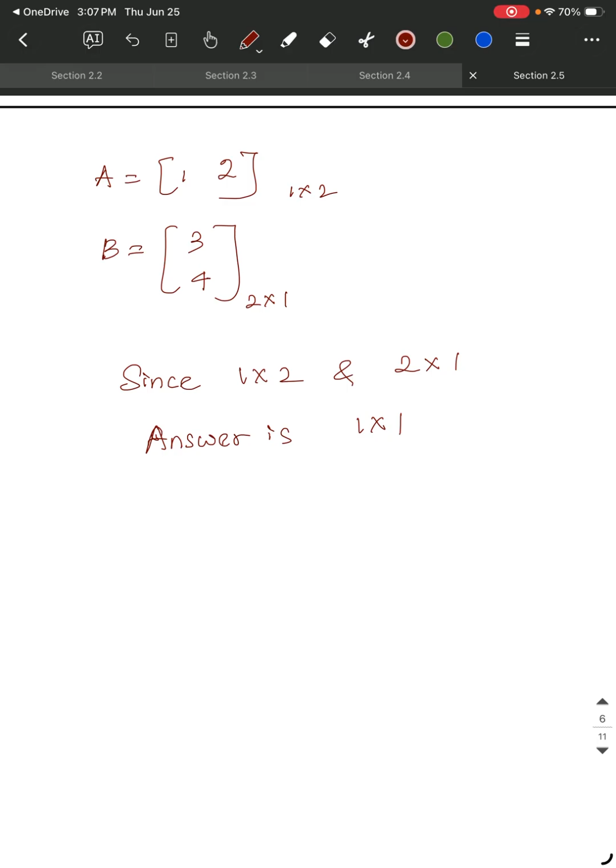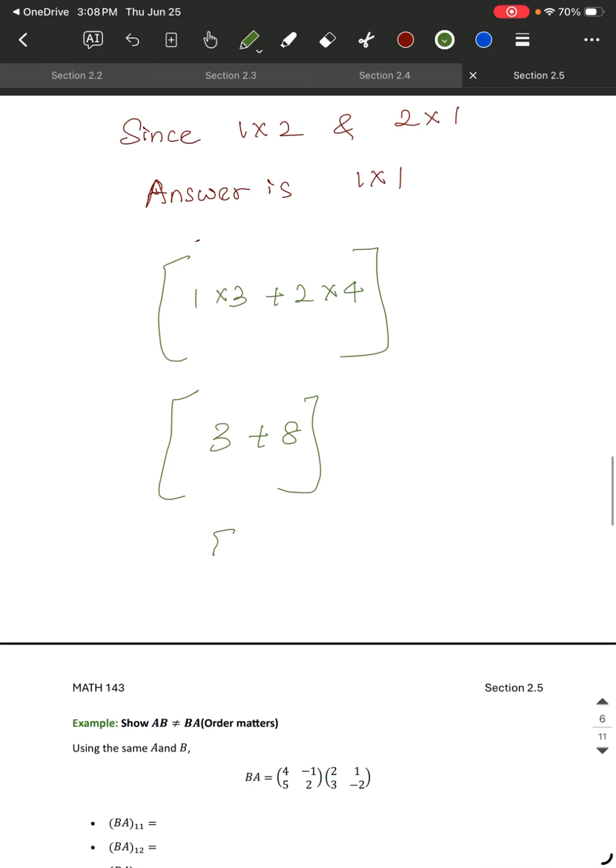So let's compute rows by columns: 1 times 3 plus 2 times 4, which is 3 plus 8, 11. So AB is 1 by 1, with the value 11.